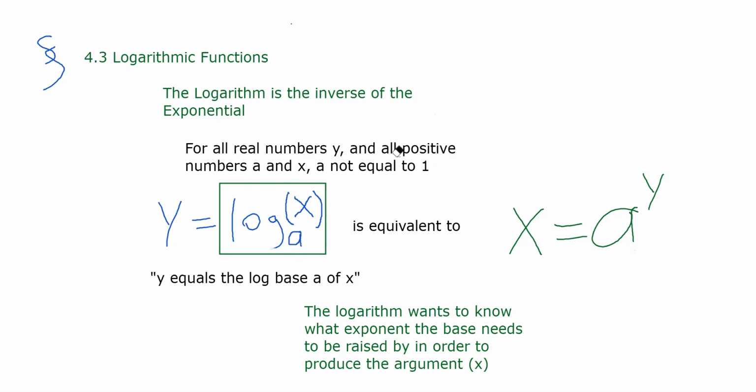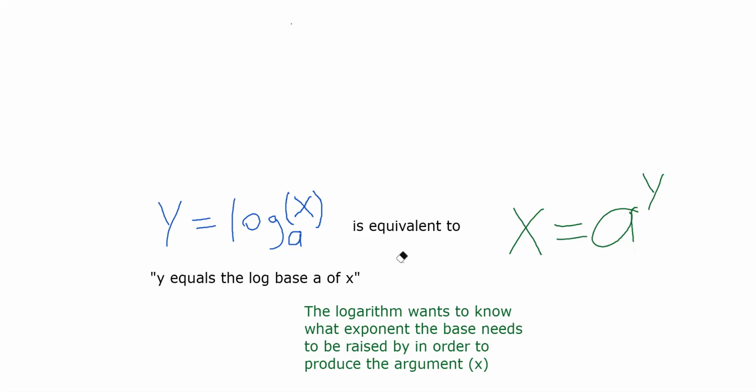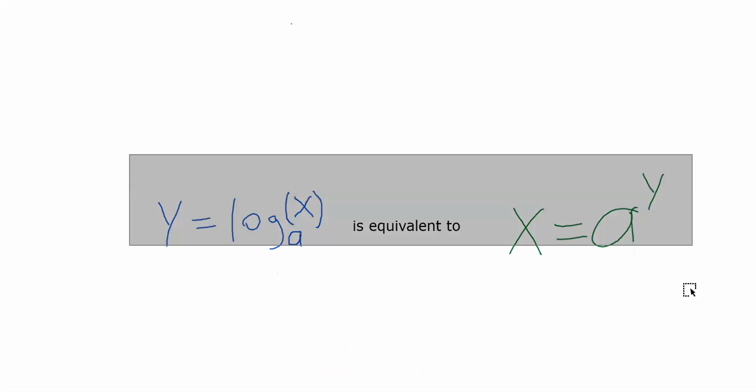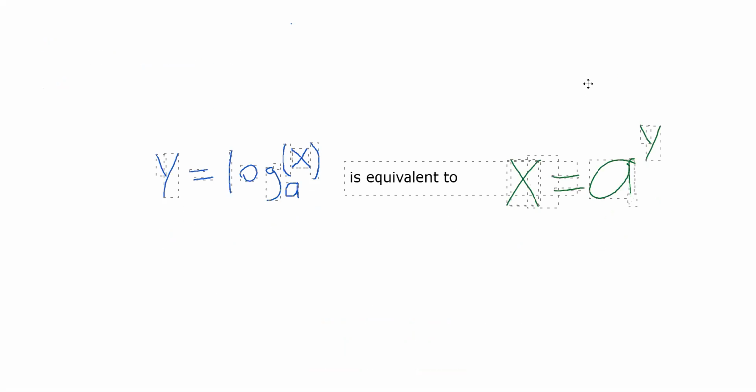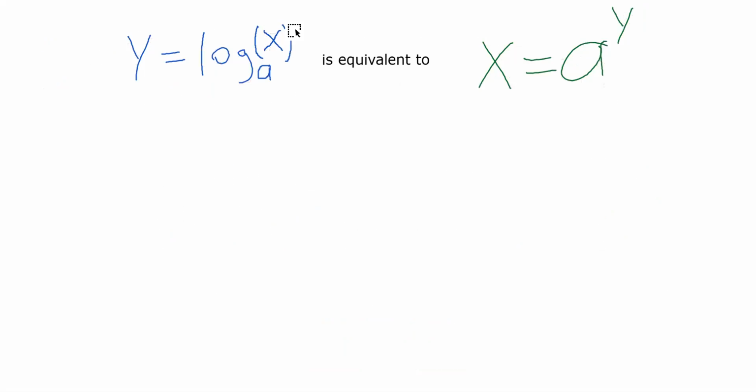Also, we don't want the base to be equal to 1, just like we didn't for an exponential equation. And there are a lot of good reasons for that. Okay, so let's put this up here near the top. This is going to be our kind of ruling idea.